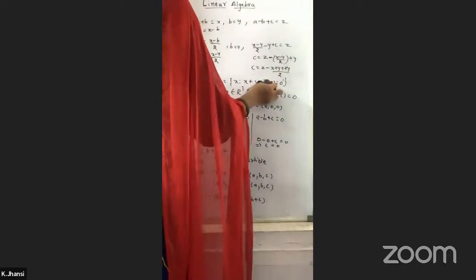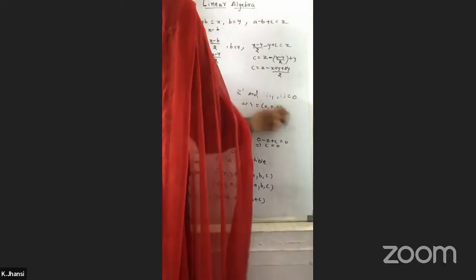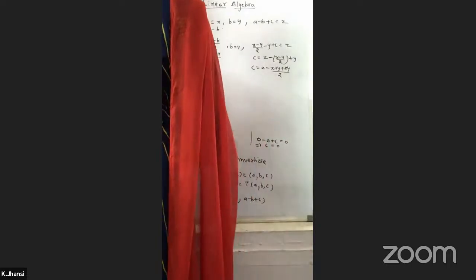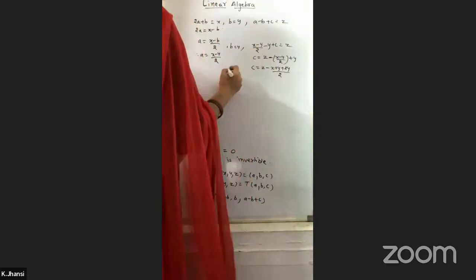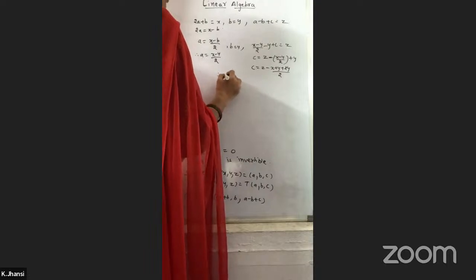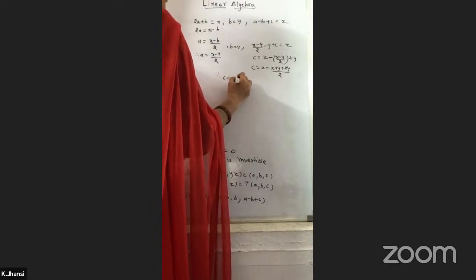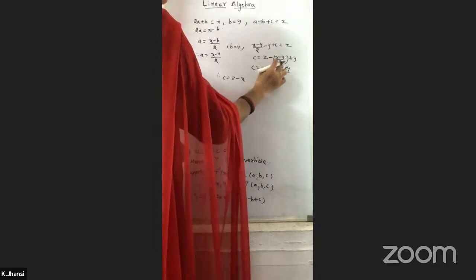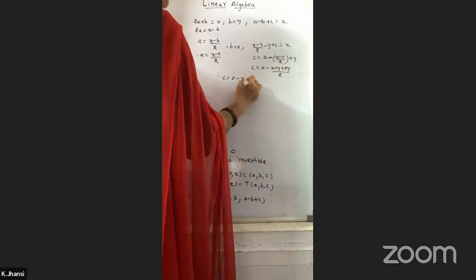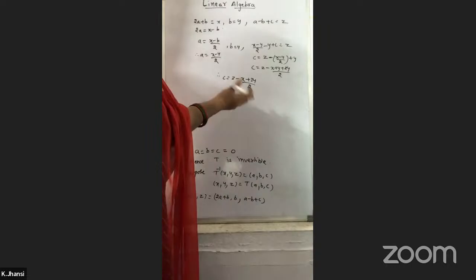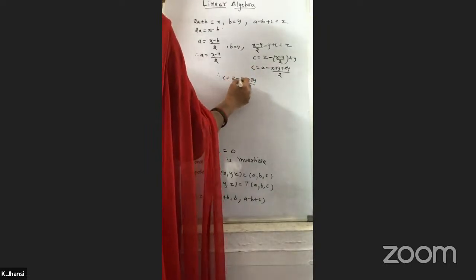So you can simplify this. Therefore C is equal to z minus, this is x plus 3y by 2. You can keep it like this only, or else you can split this one like this.